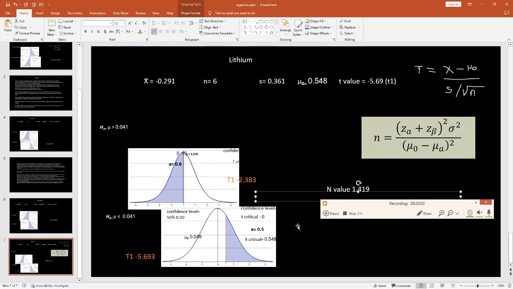So that t alpha plus t beta is minus 2.383.